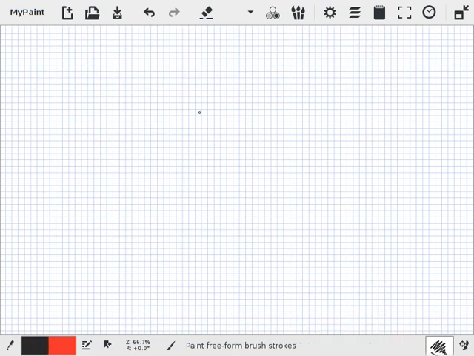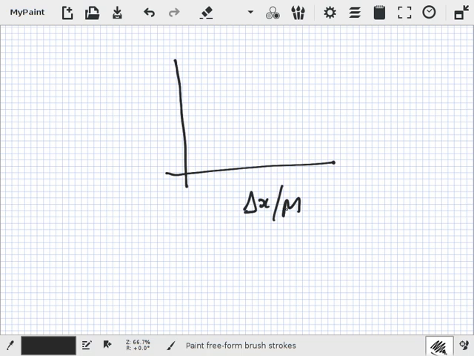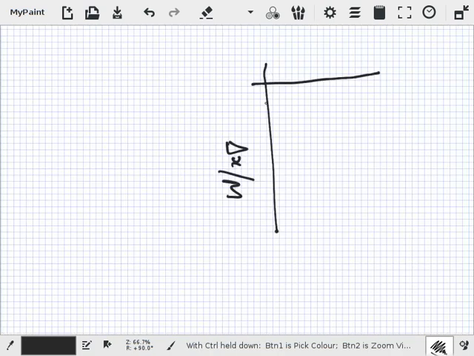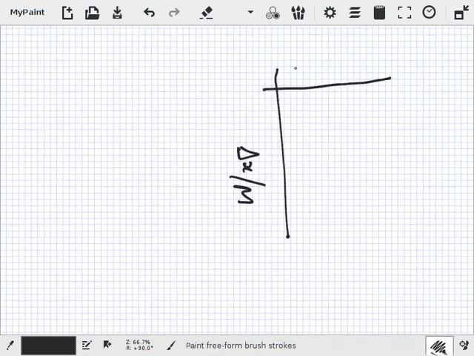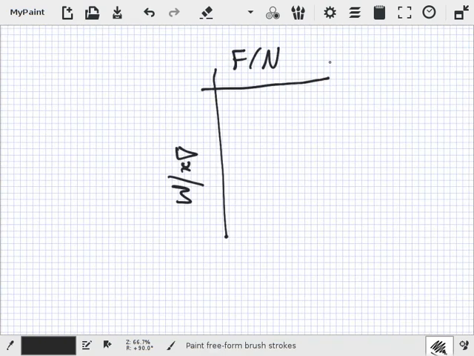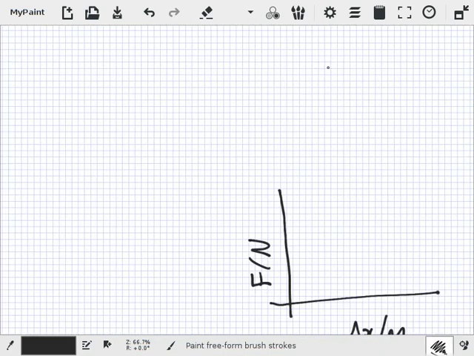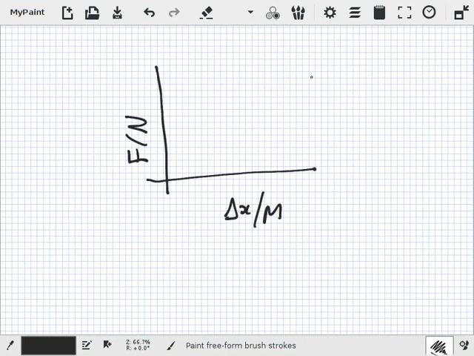Sketch a graph of force against extension. Extension in meters. Force in newtons. Now come back. Right.